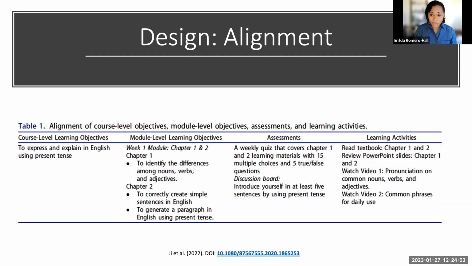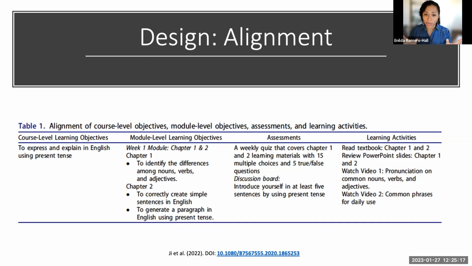In the table of alignment, you may have different levels of learning objectives. There may be some course objectives, and then there may be some module objectives. And then you're ensuring that you are connecting your learning objectives with the assessment and the learning activities.